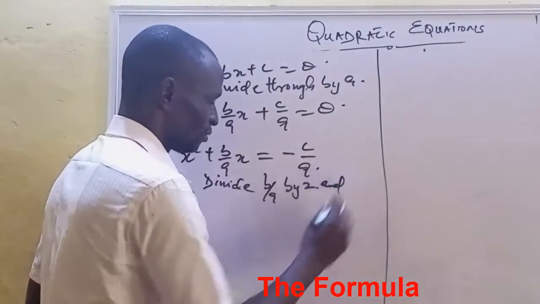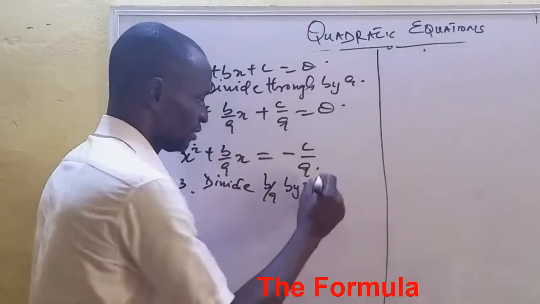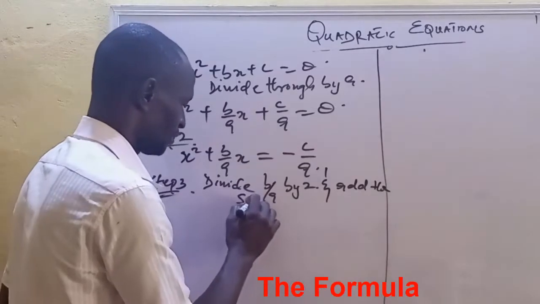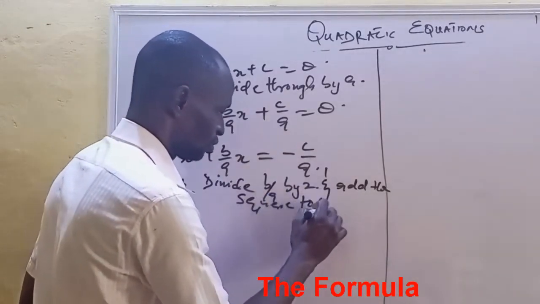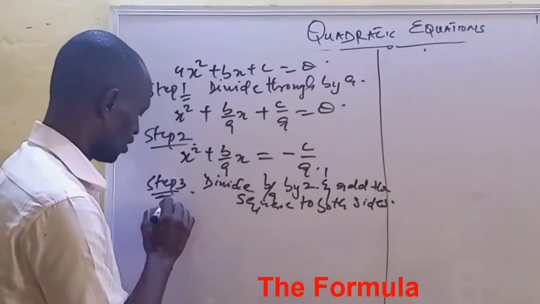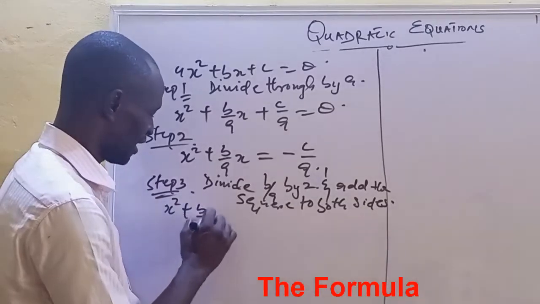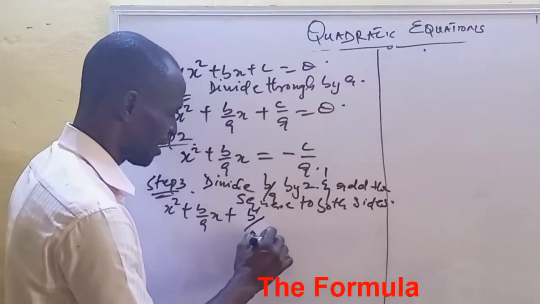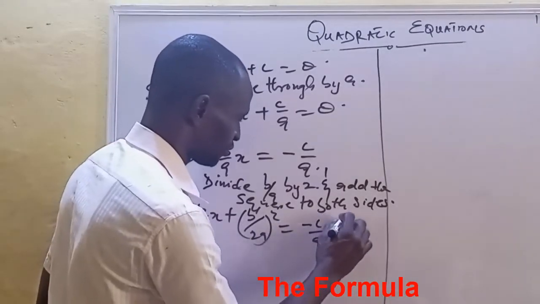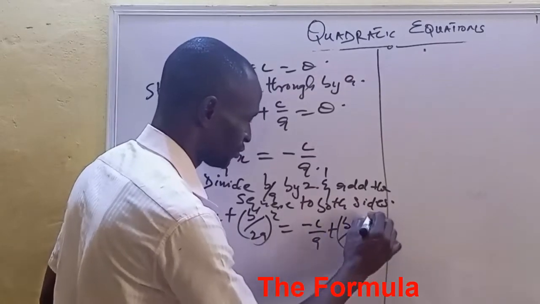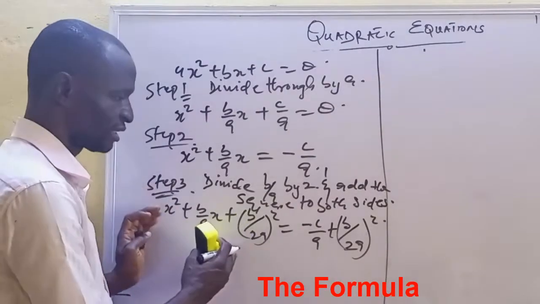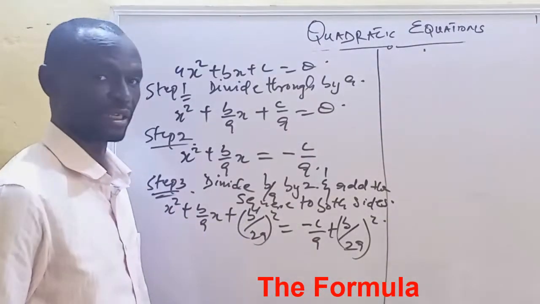And we'll add the square to both sides, so that it becomes x squared plus b over a x plus b over 2a all squared equals minus c over a plus b over 2a all squared. Now with this, we have completed the square for this side and likewise at the other end.